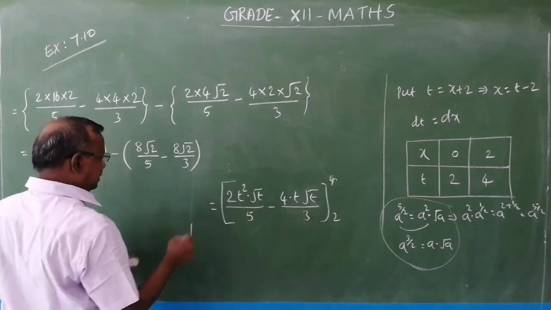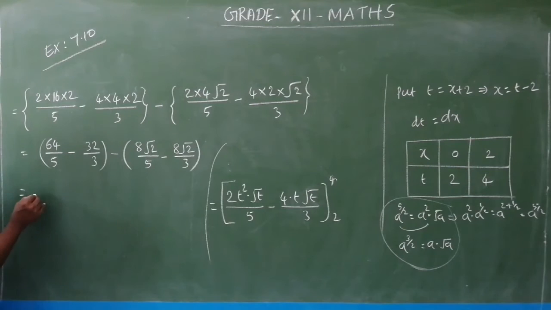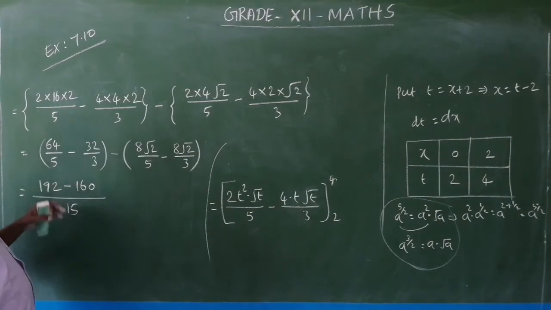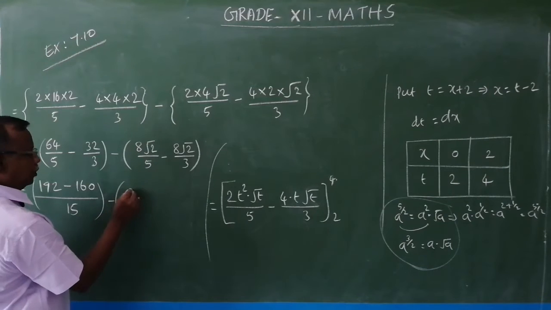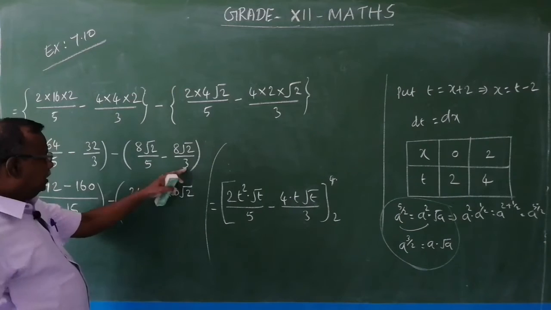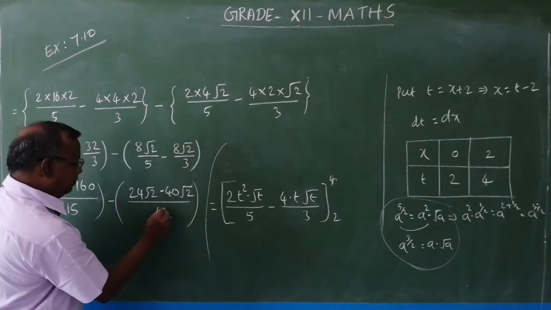Now this is equal to, by cross multiplication, 3 times 64 is 192, minus 160, since 32 into 5 is 160, and then 24 root 2 minus 40 root 2, since 3 times 8 is 24 and 8 times 5 is 40, all divided by 15.